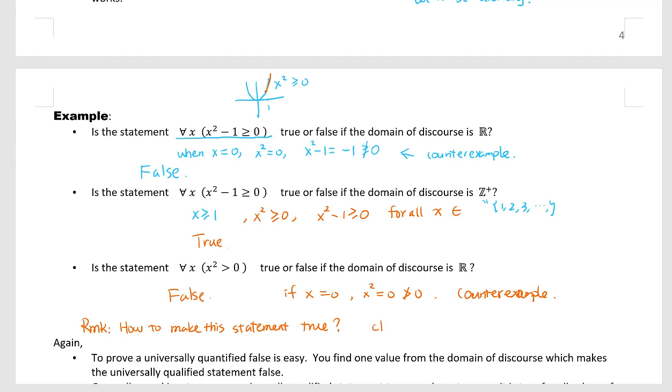Okay, so change the domain to be R positive or R negative. Actually, as long as it's not 0, as long as you delete the 0 from it, then this statement is true. No matter whether x is positive or x is negative, x squared is always positive.